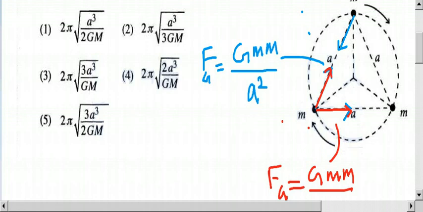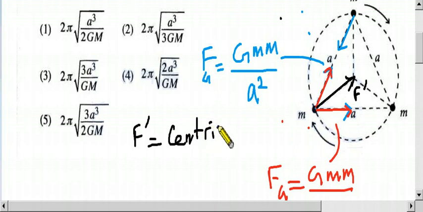So now we can find the centripetal force to this direction, to the centroid of the triangle. So this one we say F dash, that is the centripetal force.